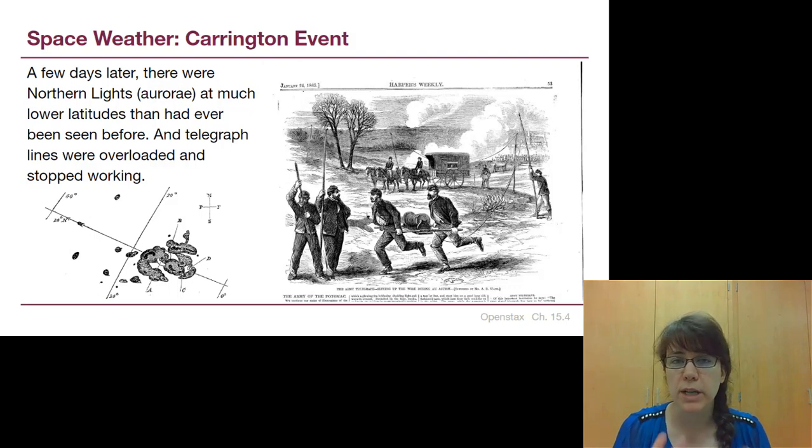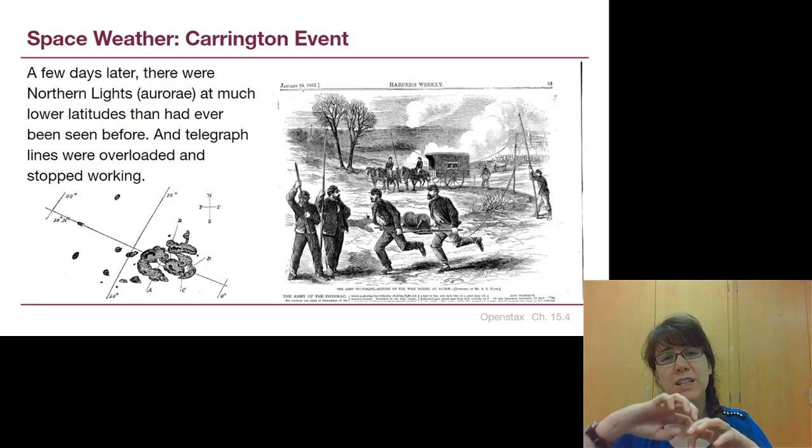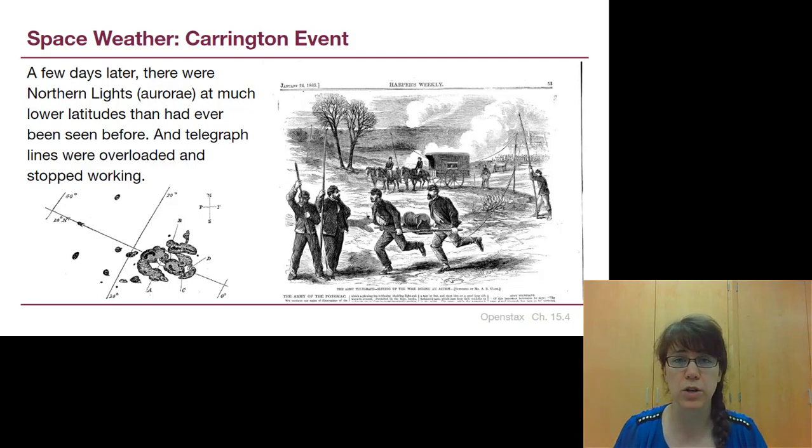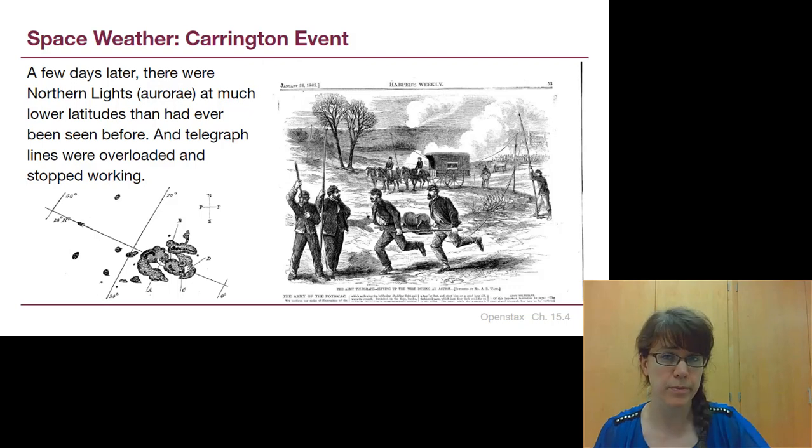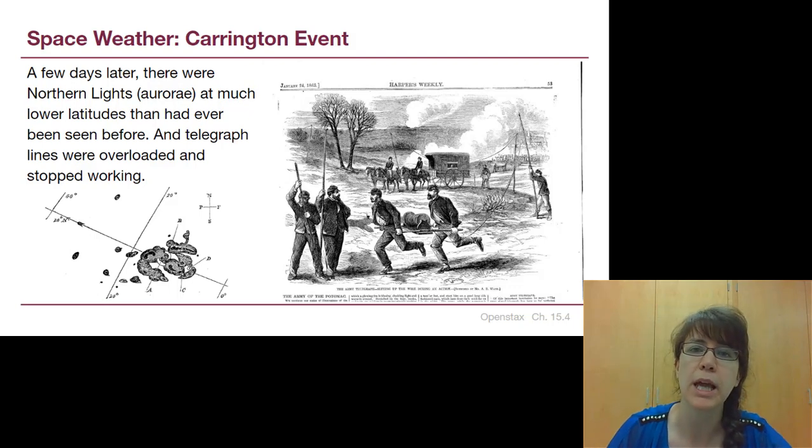Now, that coronal mass ejection, when it came to Earth, has its own magnetic field, and it interacted with the Earth's magnetic field and basically peeled back layers of it, which is why there were particles at much lower latitudes than normal. So we're basically peeling back the layers so that you're getting closer and closer towards the equator with where those remaining magnetic field lines connect down into the atmosphere.